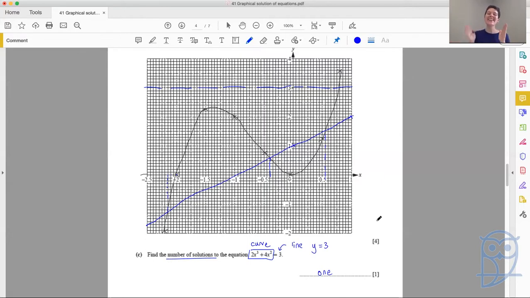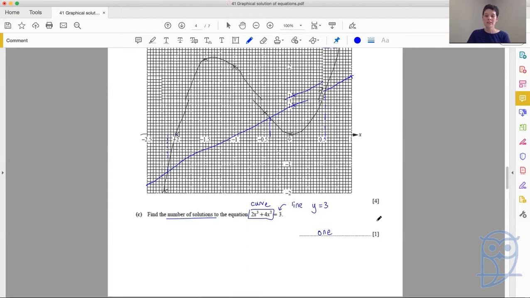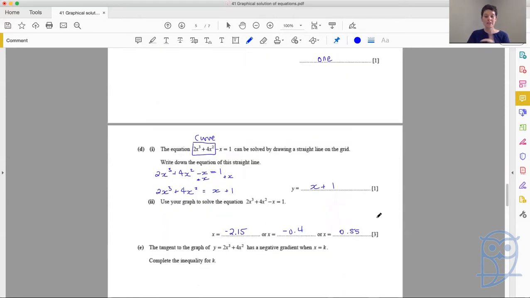There's a range of answers that's acceptable. But you do need to be careful with your graph because that range of answers is not enormous. That range of answers is based on standard graphs. So you do need to be as accurate as possible so that you do land within that range of acceptable answers. So we've got our three solutions.